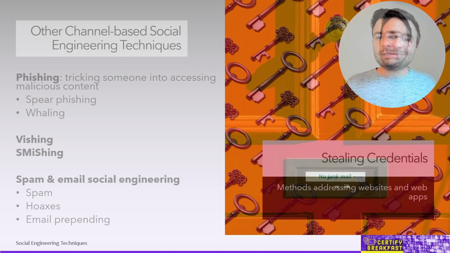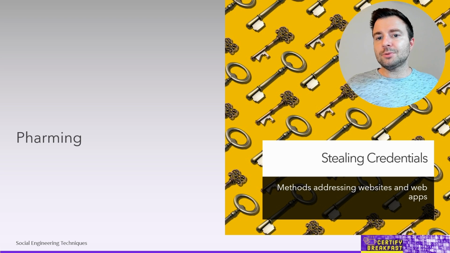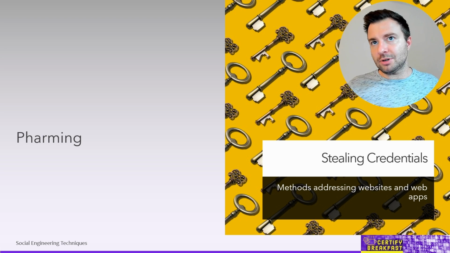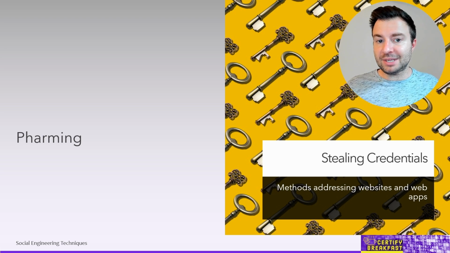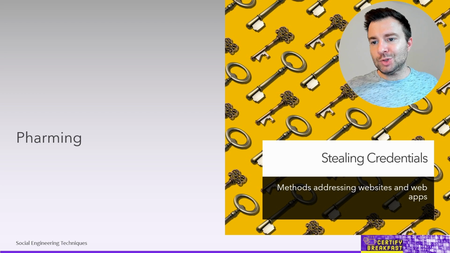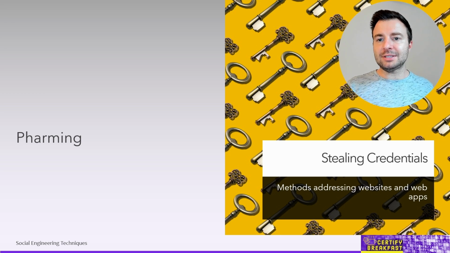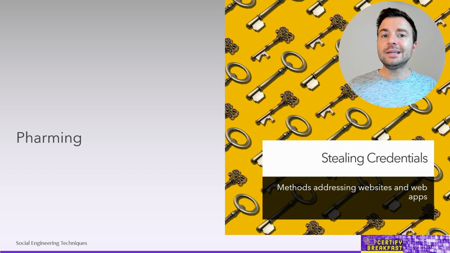All right, why not? And to introduce some new terms, still on the page of stealing credentials, we had 3 terms that we need to know about. First of all, there's farming with a PH. Now, farming relies on a technical type of attack which makes that victim's computer resolve a domain name to a fake IP address. So it relies on corrupting the DNS cache, or it relies on hacking the actual DNS server that the victim computer is using.